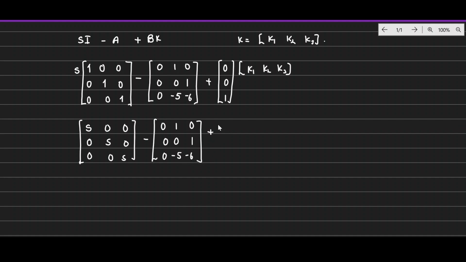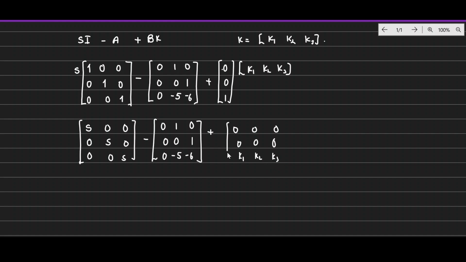Okay, what's the product of that? Remember it's row by column. So it will be 0 times k, that is 0. So this guy multiplies all those values, right? So it is 0, 0, and then you come to this, 0 by that, 0 by that, 0 by that, again 0, 0, 0, and then 1 by the k1, k2, k3, that is k1, k2, k3.